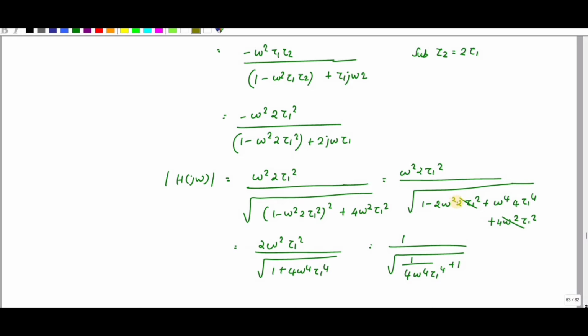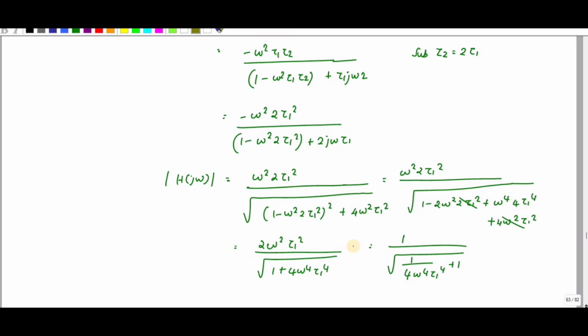I will get 1 minus 2 tau square omega square, 2 tau 1 square plus omega 4 tau 1 4 plus 4 omega square tau 1 square. So these two get cancelled out. I will get H of j omega is equal to 2 omega square tau 1 square divided by root of 1 plus 4 omega power 4 tau 1 power 4.